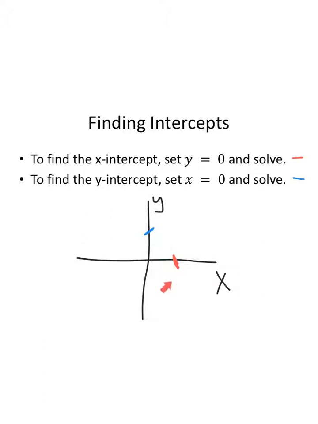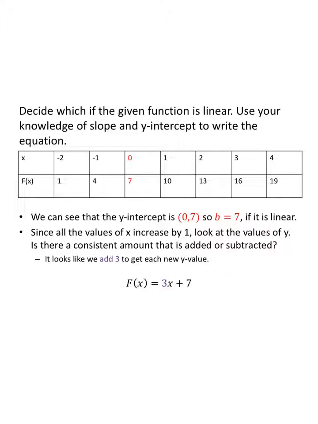We have not gone up, we have not gone down, so the y value is 0. On the y-axis, we have not gone to the right, we have not gone to the left, so the x value is 0. So I frequently say in finding intercepts, whatever intercept you're looking for, set the other variable to 0 and solve. Alright, we're going to have several examples like this.